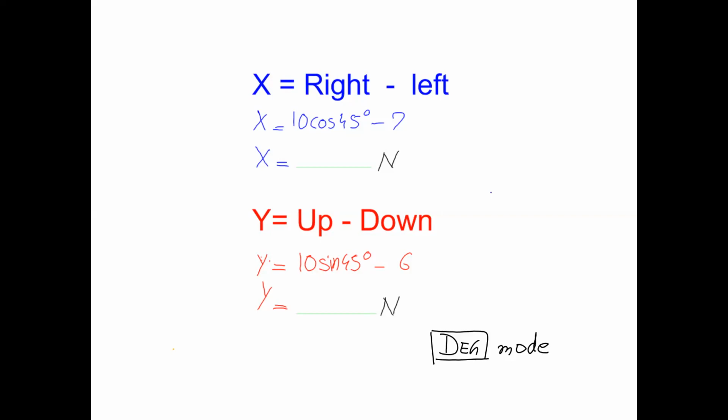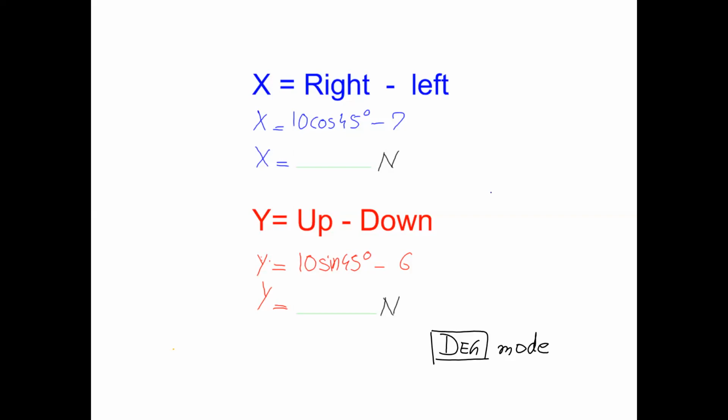The answer I'm getting, sir, is minus 6 plus 5 under square root 2 for x. For x I'm getting 7 minus 5 square root 2. But convert it into decimal. I get minus 0.07. Are you sure you're getting this answer?